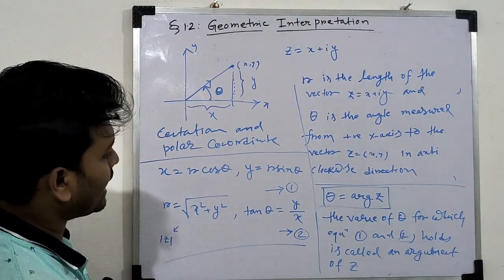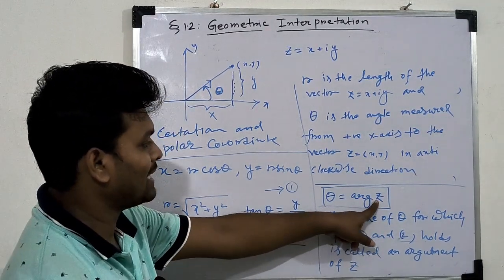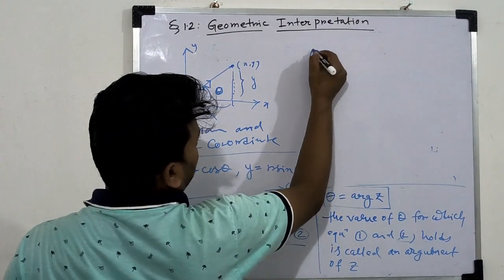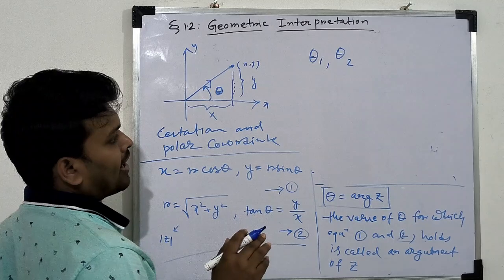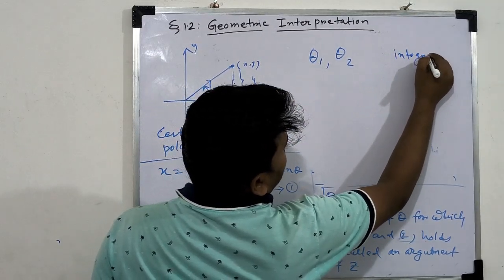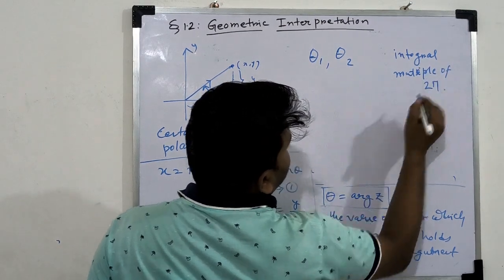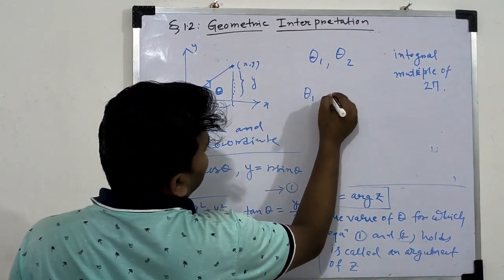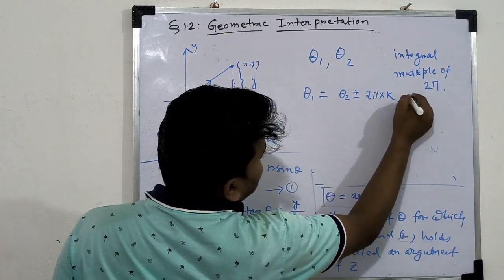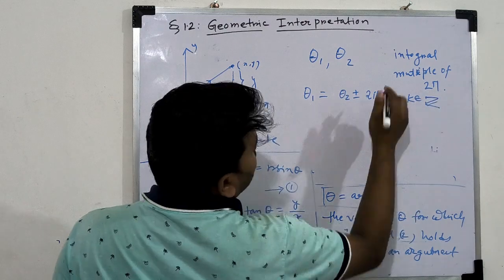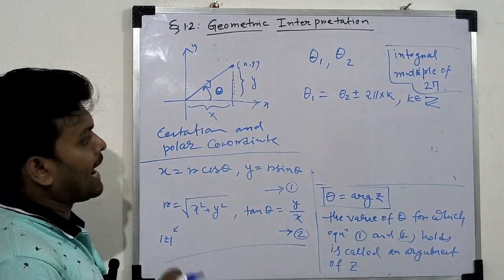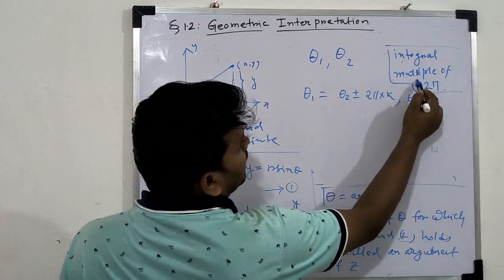From this figure we can conclude that the argument of z can take infinitely many values. Two different arguments of z can differ by an integral multiple of 2 pi, so one can be related to the other as theta 2 plus or minus 2 pi k, where k belongs to the integers, Z.